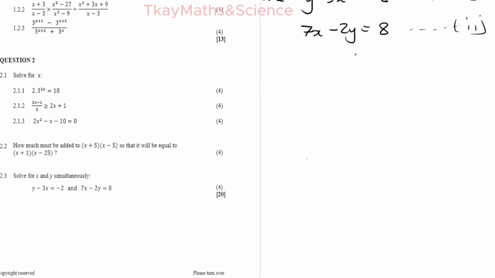Okay, so what we can do, we're going to try to multiply equation 1 by 2. Then it becomes 2y minus 6x is equal to minus 4.